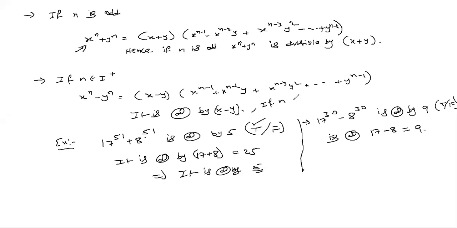If n is even, you can observe that whenever n is even, it is divisible by x plus y also. Why? Because, for example, you can consider x square minus y square.